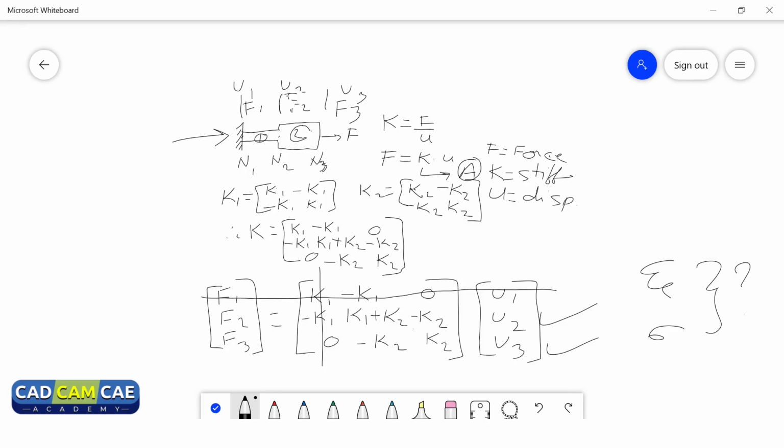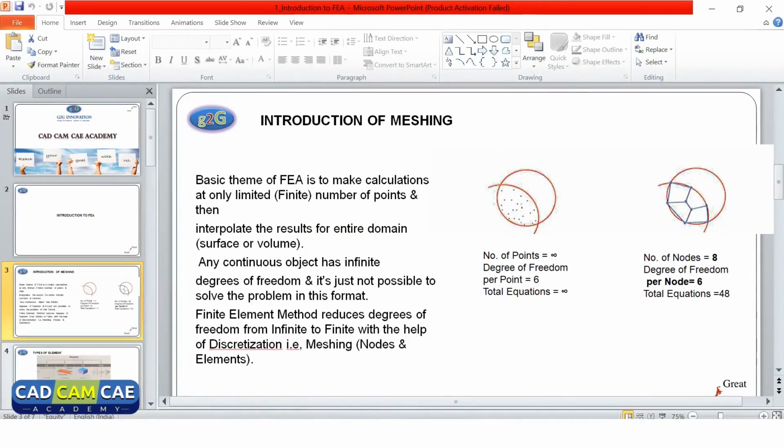We formulated the stiffness matrix, then the global stiffness matrix, then utilized the universal equation, equation number A, force is equal to stiffness into displacement in matrix form. We applied boundary conditions and calculated displacements, strains and stresses. Again, I will put up one example of HyperMesh.